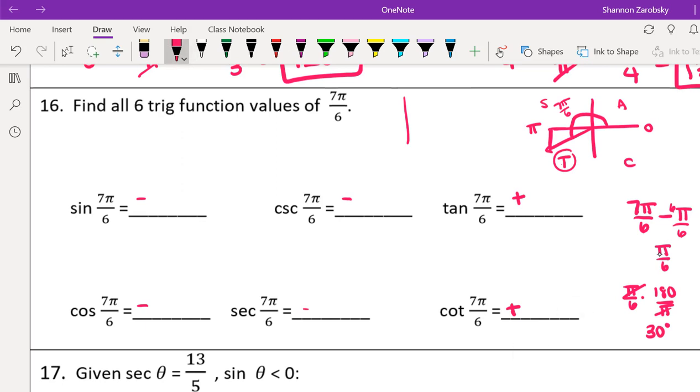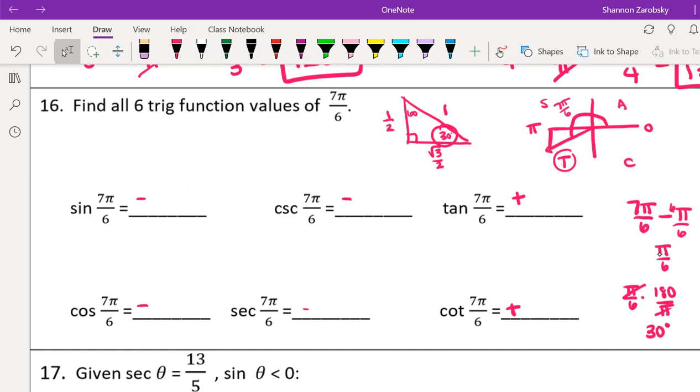So if I redraw my triangle, and here's my 30, and I have my unit radius of 1, this should be 1/2, and then this should be square root 3 over 2. For my triangle, okay? So we're using this 30 degrees as my reference angle.